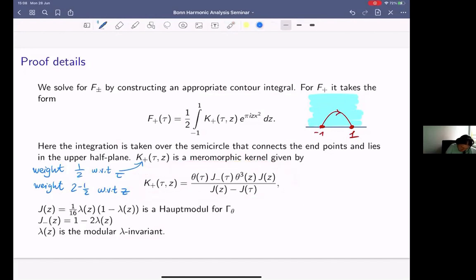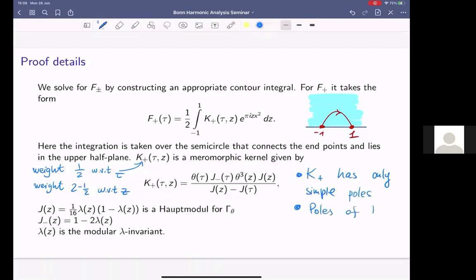Another important property is that k plus has only simple poles, and all poles of k plus are at points... Yes?